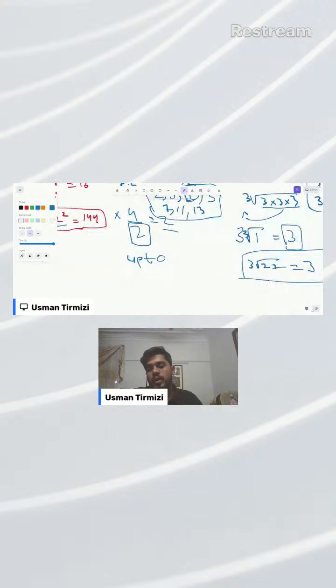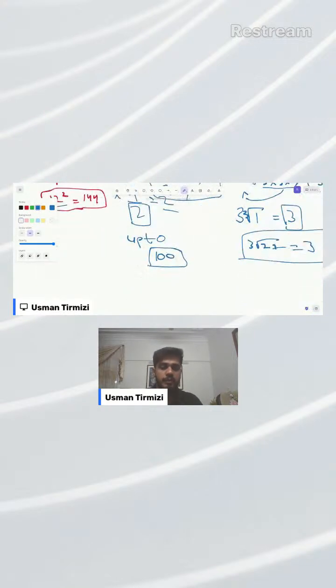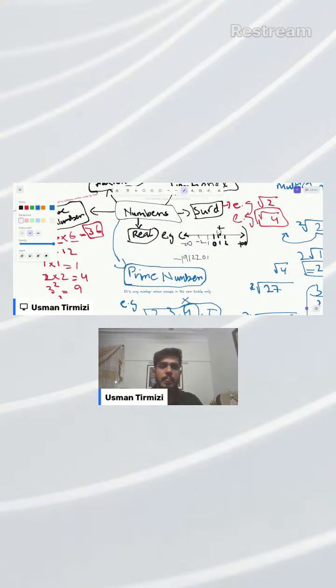And then identify the prime numbers up to 100. You should know them by heart. This is one of the tasks that I'm giving you for the class, that you should be remembering this, right?